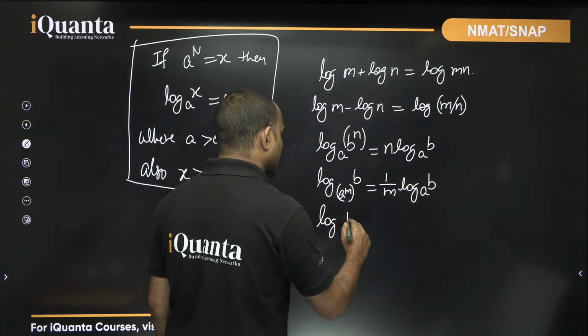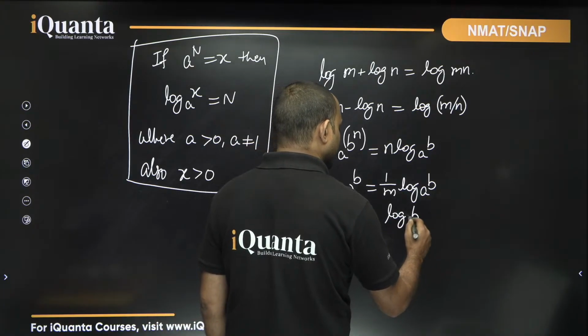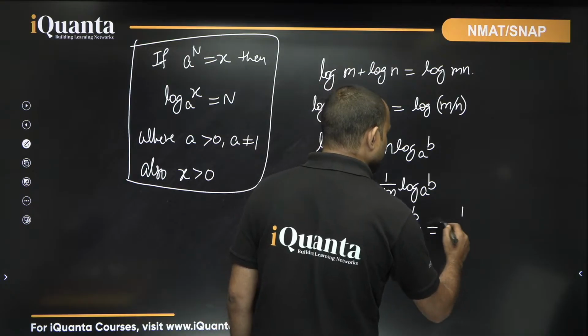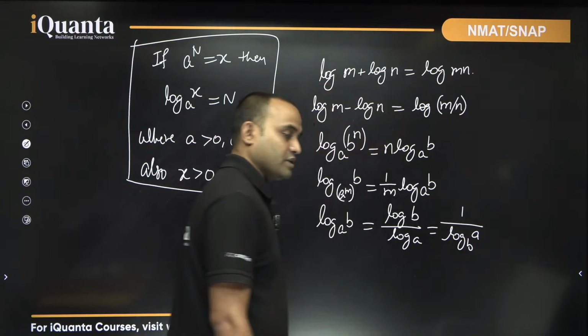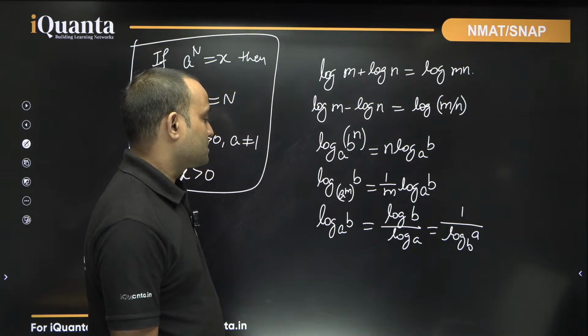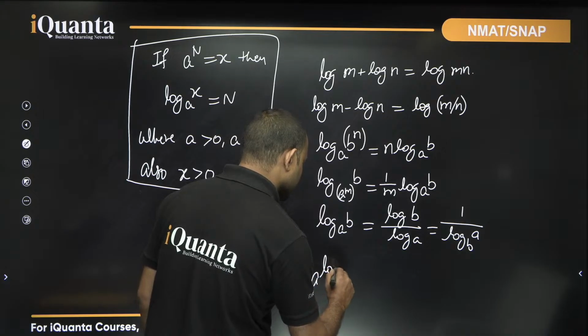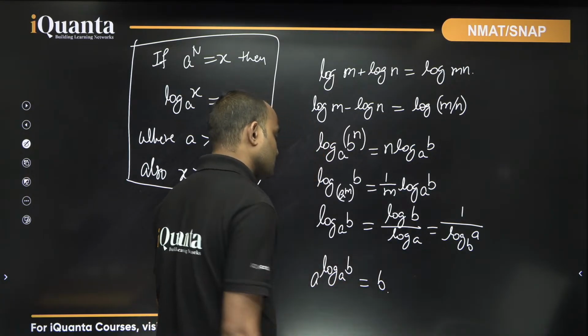Then log b base a can be written as log b upon log a, or this can also be written as 1 upon log a to the base b. Other than this, a to the power log b base a will be equal to b.